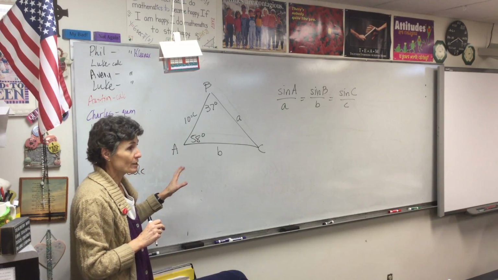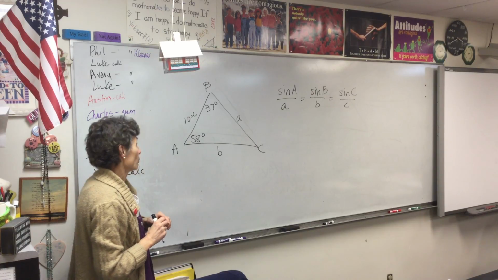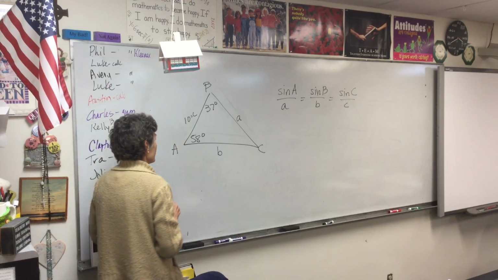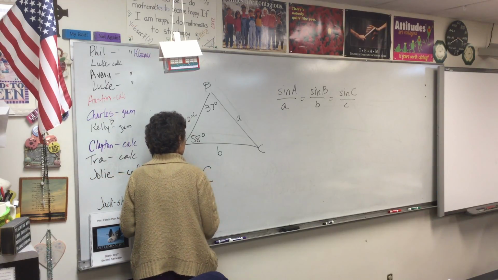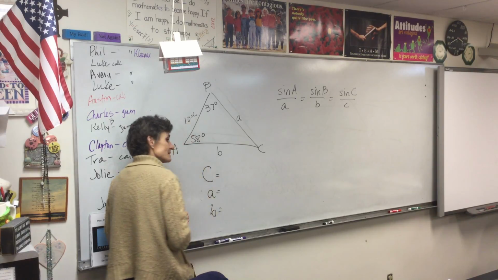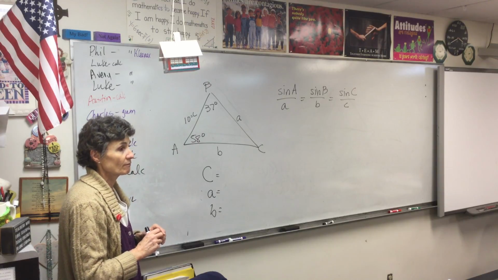That's just what we do in trigonometry. It's what we did in chapter 4. So looking at that, tell me how we might find angle C, side A, and side B. Those are the missing parts of the triangle.